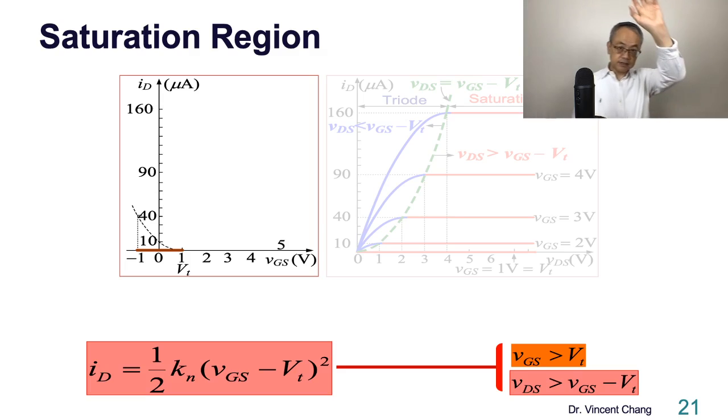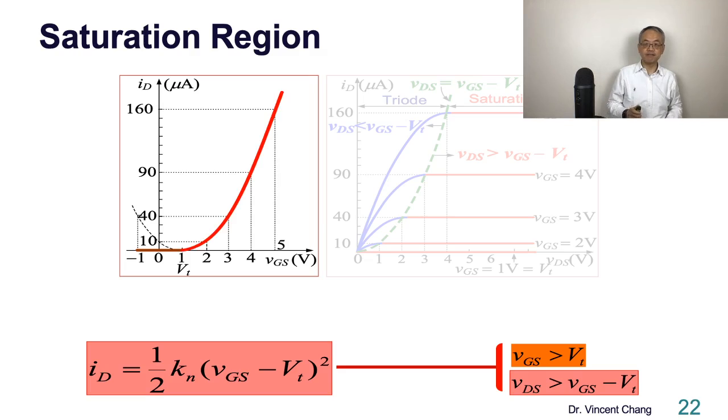It has the same vertical axis, but a different horizontal axis. On the right it is VDS. On the left, watch carefully, it is VGS, and it only describes the relationship between ID and VGS in the saturation region.